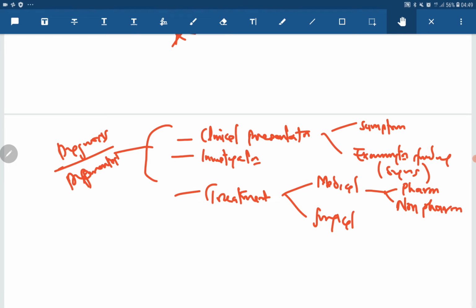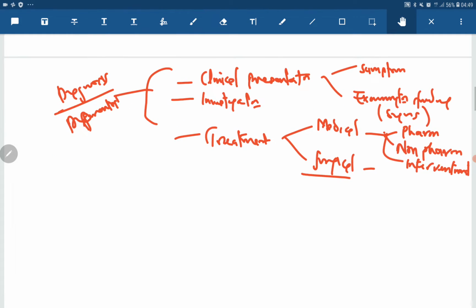So it's part of the medical treatment, and we have the surgical treatment, which can be forms of intervention. Then sometimes the medical can be interventional. So for medical, pharmacological, non-pharmacological intervention, you don't have surgical treatments. So this will be the approach for management.